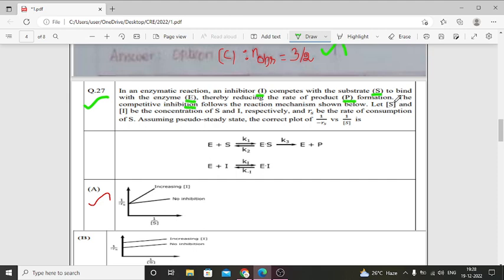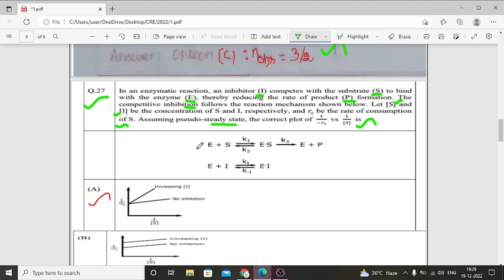Let the concentrations of S and I be Cs and Ci respectively, and rS be the rate of consumption of S. Assuming pseudo steady state, the correct plot of 1 by minus rS versus 1 by concentration of S is.